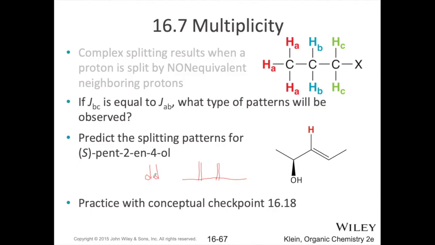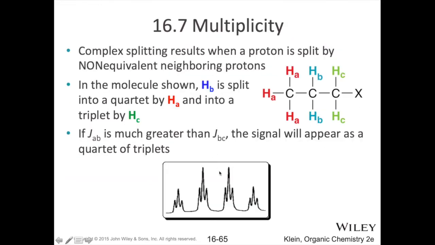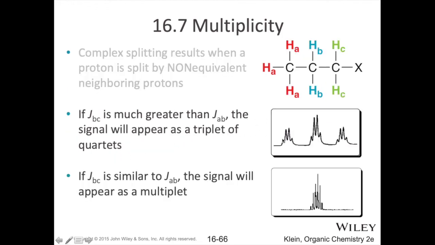But once you start getting into these more complex splitting patterns, you just pair these letters together. If I go back a couple of slides, here we have a quartet of triplets. We would write that out as QT, quartet of triplets. Whereas on the next slide, we have a triplet of quartets. So that would be TQ. Something to keep in mind for how we'd label that if we were writing these out.